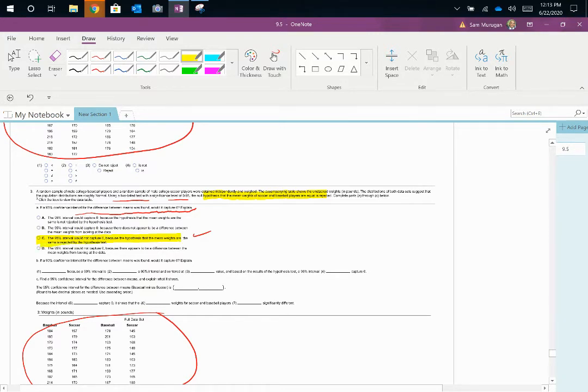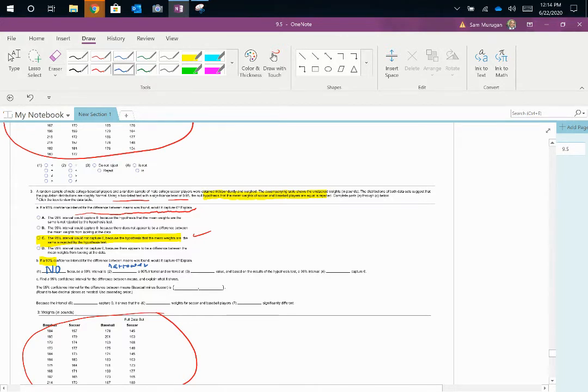Okay? Now, if a 90% confidence interval for the difference between the means is found, would it capture 0? What do you think? It would still not capture 0, because a 90% interval is narrower than a 95% interval.